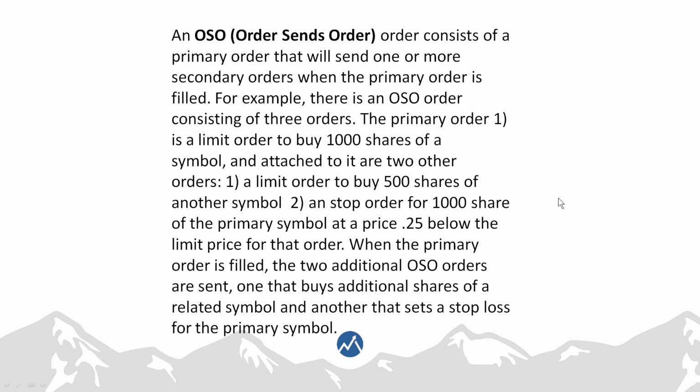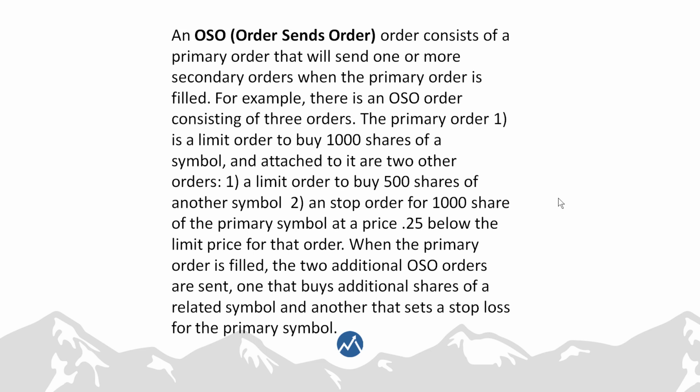An order sends order is a little more complicated, and what that consists of is a primary order that will send one or more secondary orders when the primary order is filled. So for example, you have an order sends order consisting of three orders.